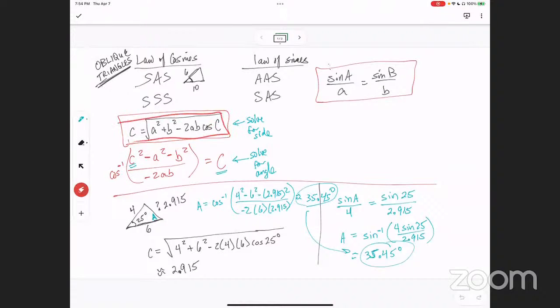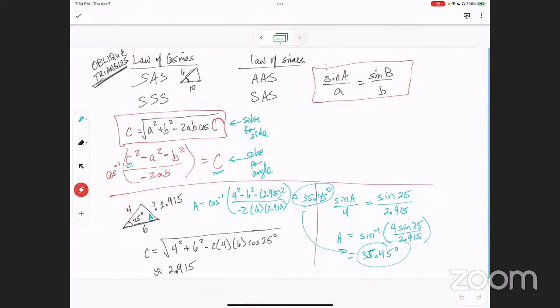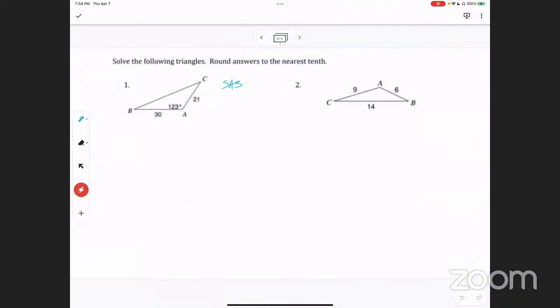If it's confusing for you with the letters, just rewrite it as A. Here's how you rewrite it: A equals the square root of B squared plus C squared minus 2BC cosine of A. See how I rewrote it?